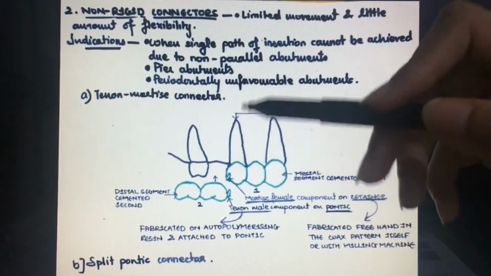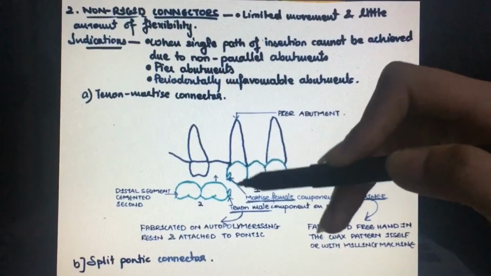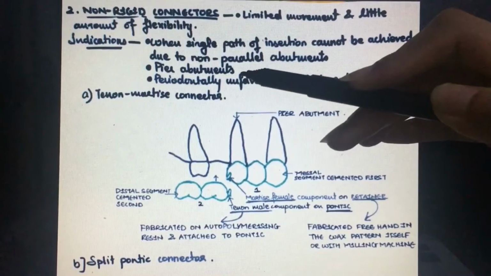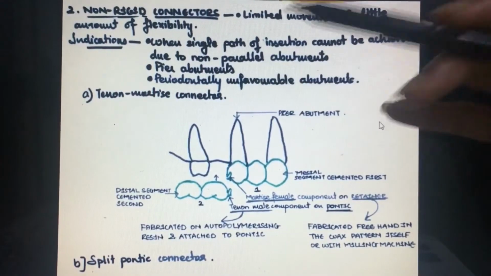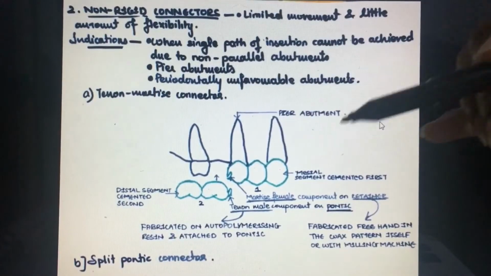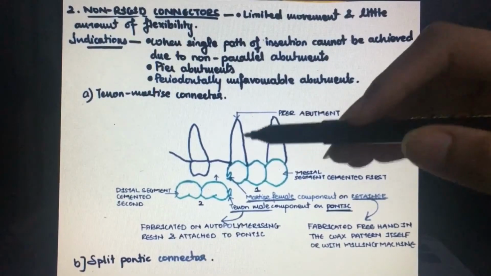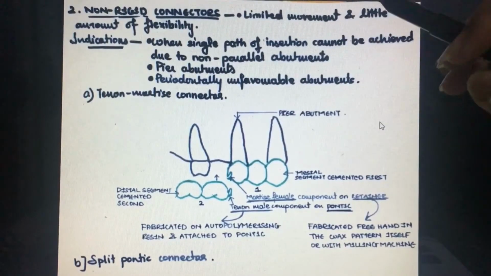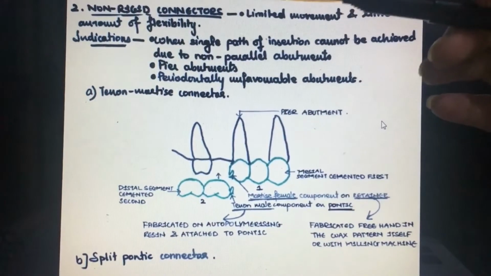The long axes of these abutments may be non-parallel to each other. Secondly, it is also used in pier abutment cases. And third, if the abutments are periodontally weak. Non-rigid connectors provide limited movement and a little amount of flexibility.